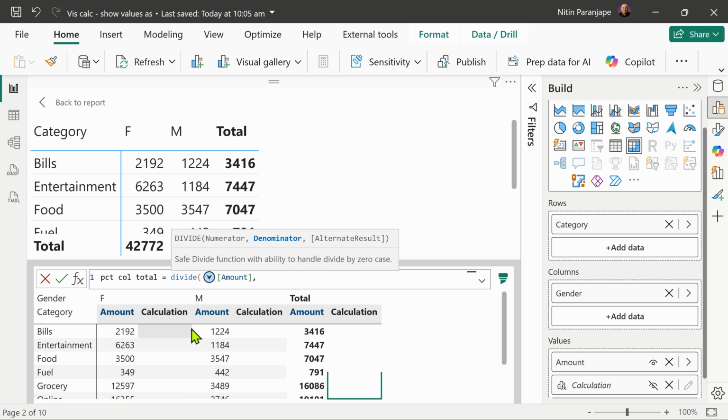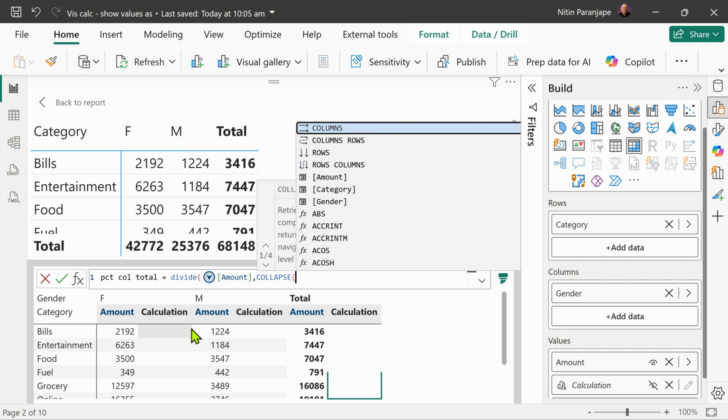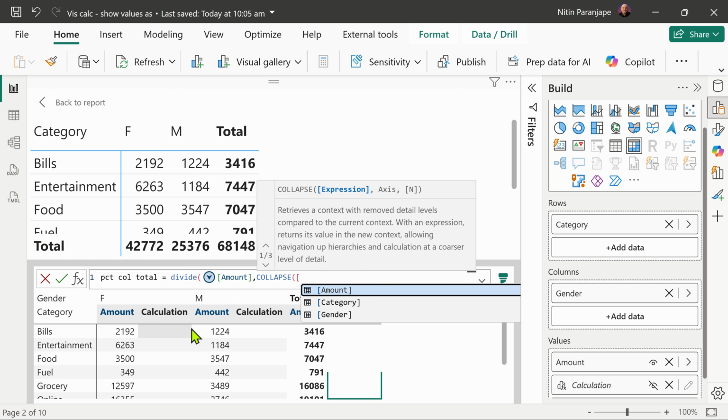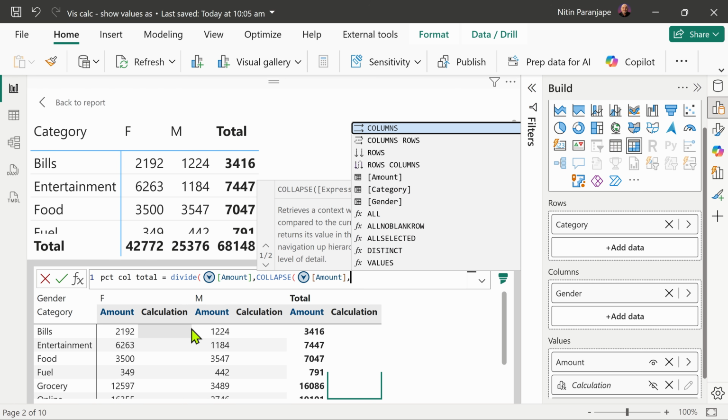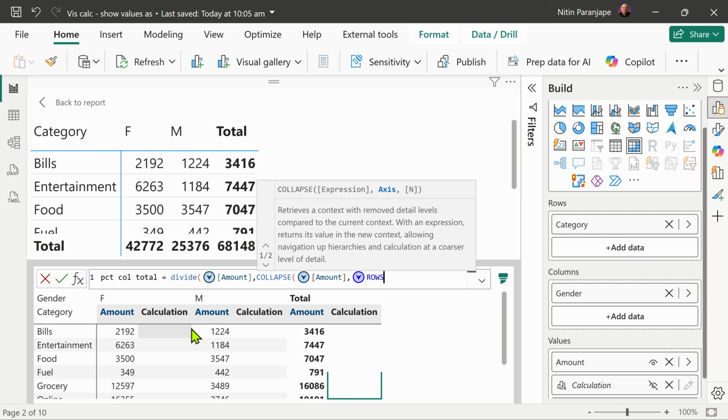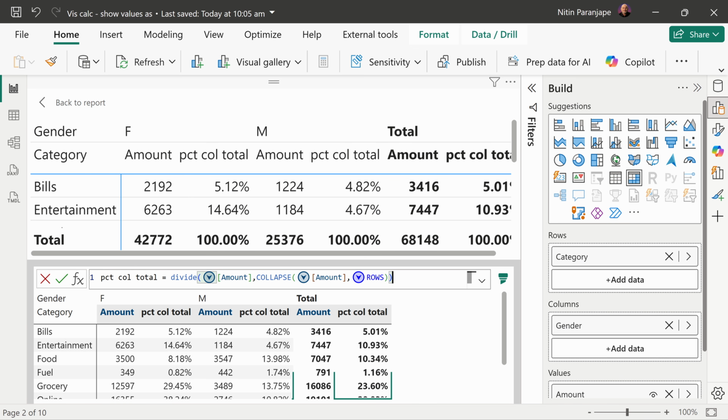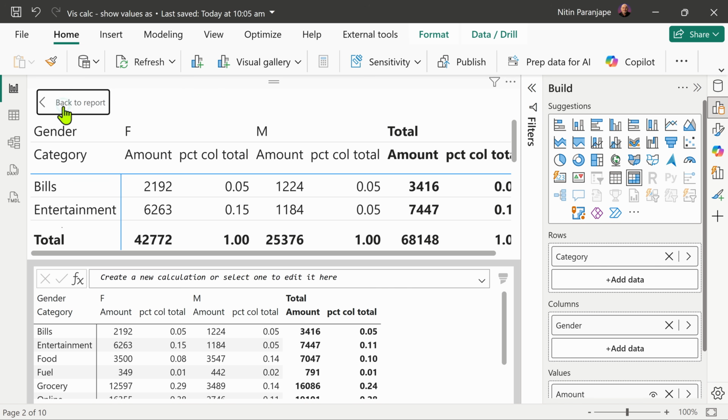I want that total, column level total. So row by row, I don't want individual values. I want to collapse them. So collapse function. Collapse what? Of course, the same amount column. And collapse where? All the rows I want to collapse. That's called the axis. And the bracket for divide. And it's done. Now we go back to report.